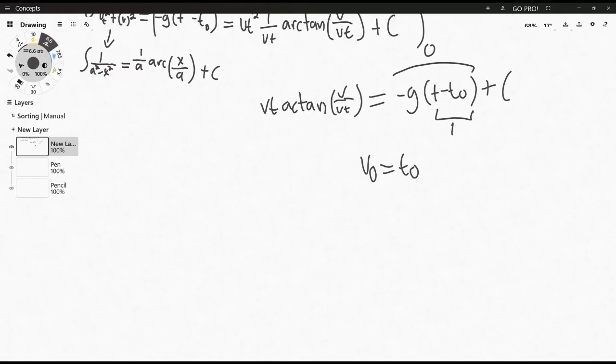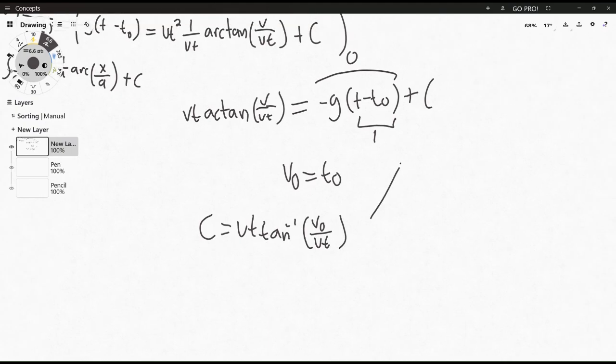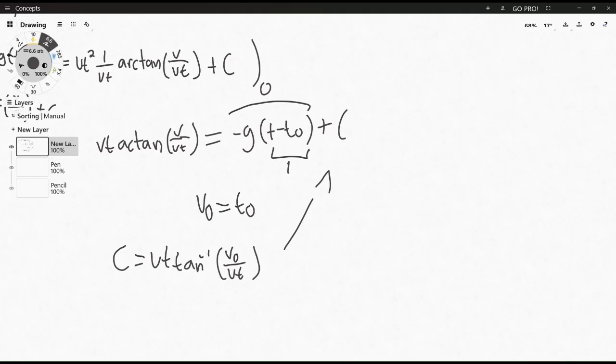Okay, so now that I have that C is equal to vt arctan, well, actually I'm going to use the other notation because I'm tired of writing arctan all the time, when v0 and vt, right? So I'm going to substitute this into here, and I'm going to make this v plus vt tan inverse of v0, the burnout velocity over vt, right?